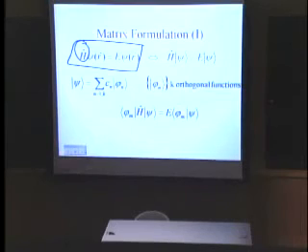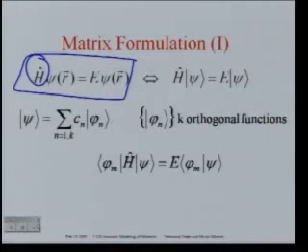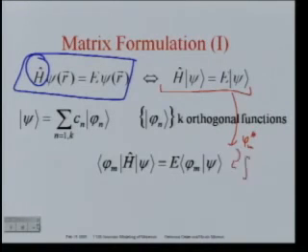And what I do is I multiply this relation on the left and on the right by the complex conjugate of phi m. So in going from here to here, I multiply this times the complex conjugate of phi m, so it's phi m star, and then I integrate everything over space.